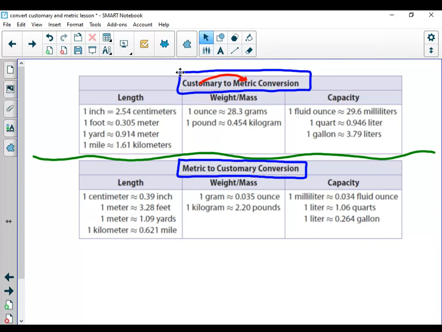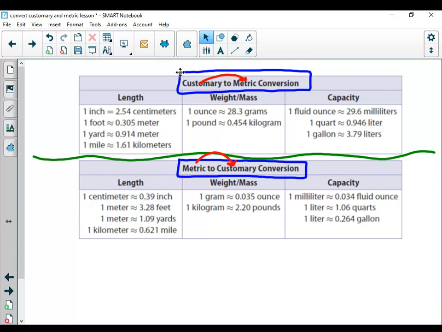If you start at milliliters and go to fluid ounces. So again, it's giving us the unit rates. 1 centimeter is 0.39 inches. We're using the unit rates to convert.